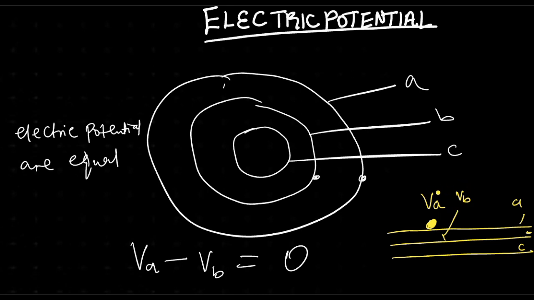So the difference between VA and VB will create a potential difference, and that potential difference will allow current to flow in the body of the bird, and the bird will be electrocuted. But since the bird is just on one potential, even though it moves, it's still on the same potential. So there is no potential difference that will shock the bird.